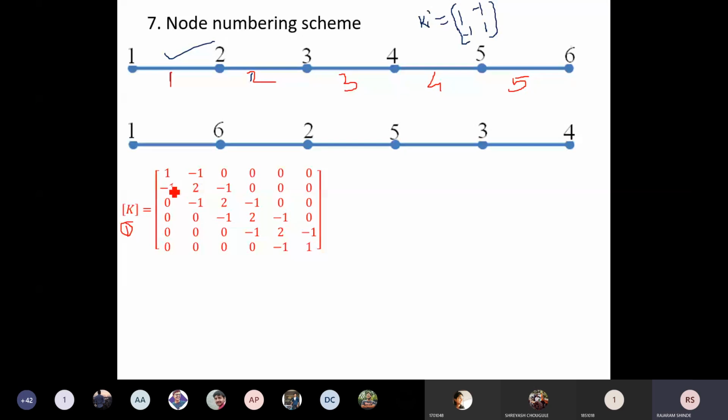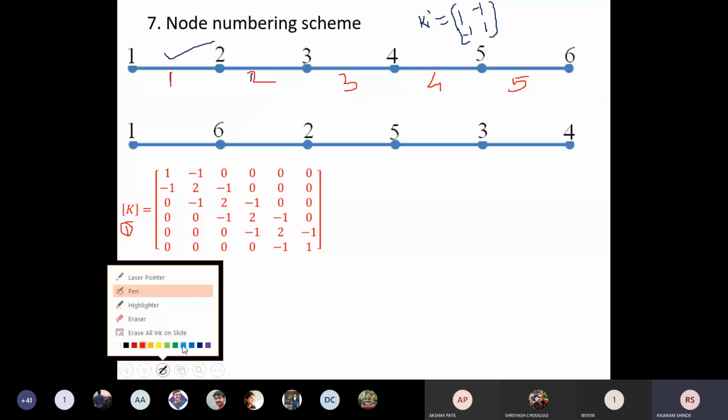First element it is 1 -1 -1 1. Now second element 1 -1 -1 1. For third element 1 -1 -1 1. Fourth element 1 -1 -1 1. Fifth element 1 -1 -1 1. Is it correct? Yes sir, correct. Correct, isn't it?